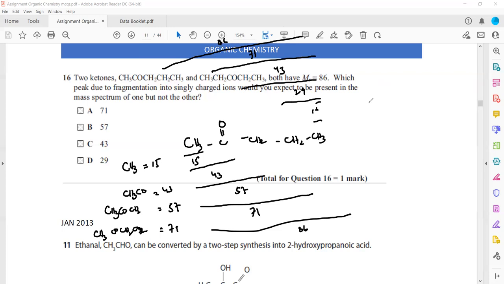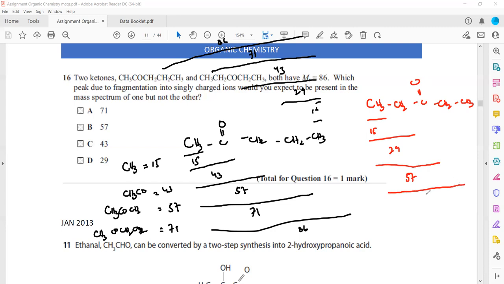Then what about the second molecule, which is CH3, CH2, C double bonded with O, CH2 and CH3. We'll get a peak at 15. Then 15 plus 14, so a peak at 29. And 29 plus 12 is 41, plus 16, so 57. 57 plus 14 is 71.